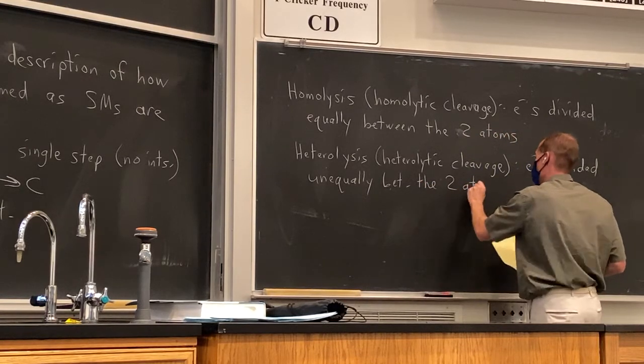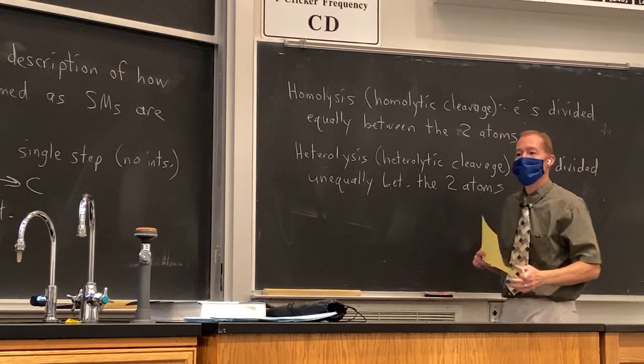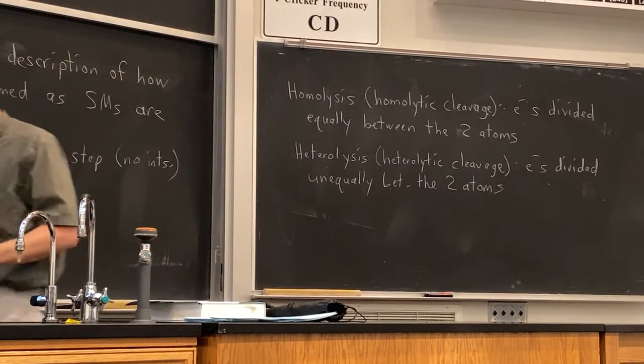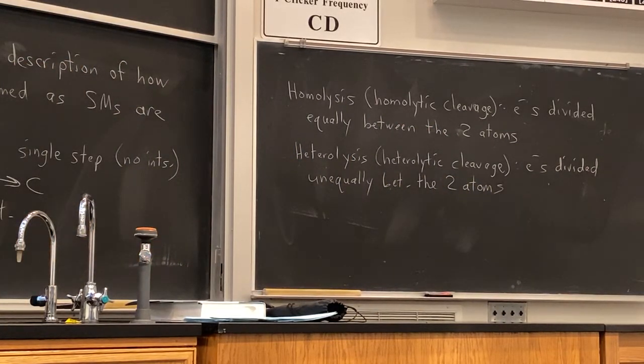So both electrons will go to one atom and the other atom won't get any. Typically when we have a heterolysis, the more electronegative atom that was involved in the bond is going to get both electrons, and then the less electronegative atom is going to get no electrons from that bond breaking process.